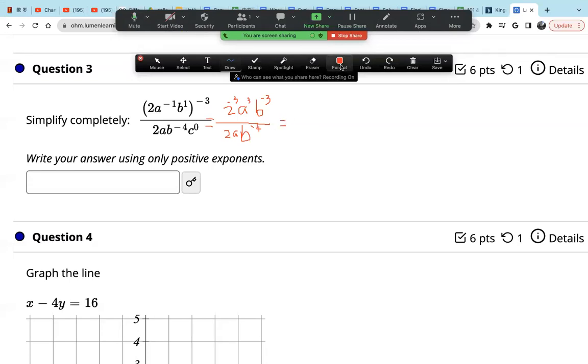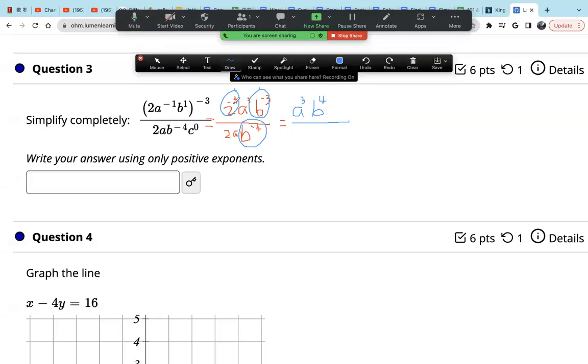Now, we know the negative exponent indicates the inverse. So we move those 2 terms down, and at the same time we move this negative exponent up. So what do we have? In the numerator we're left with a cubed, and this b to the negative 4 moves up, so that becomes b to the 4th power.